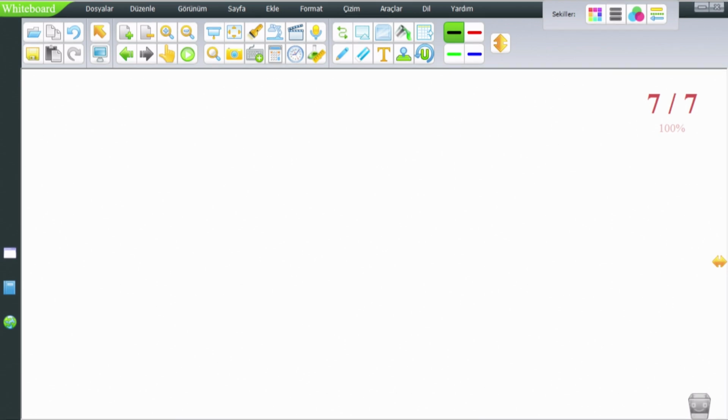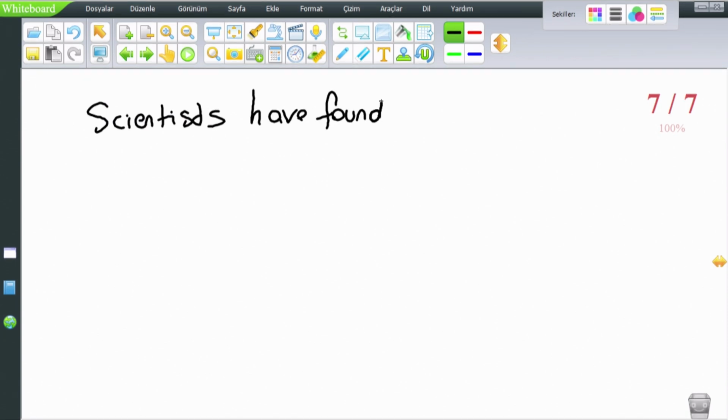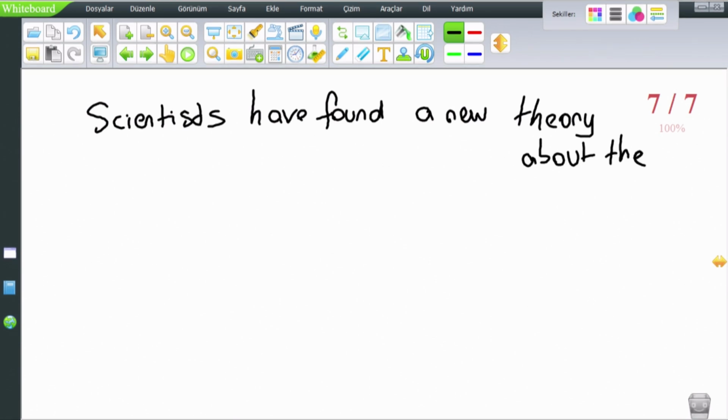Let's say that scientists have found a new theory about space.